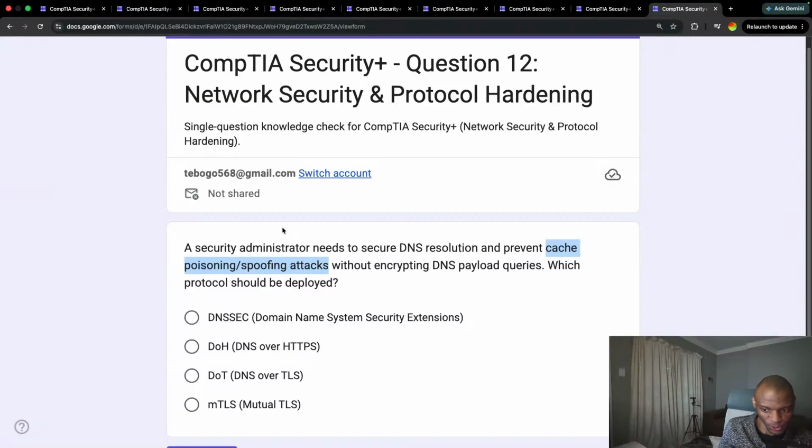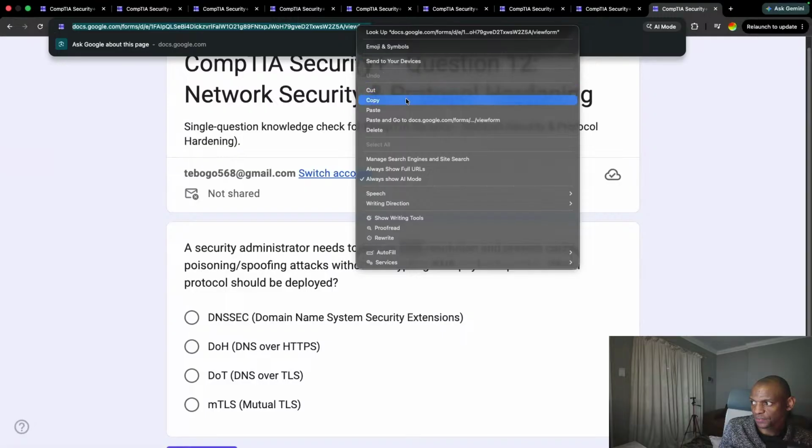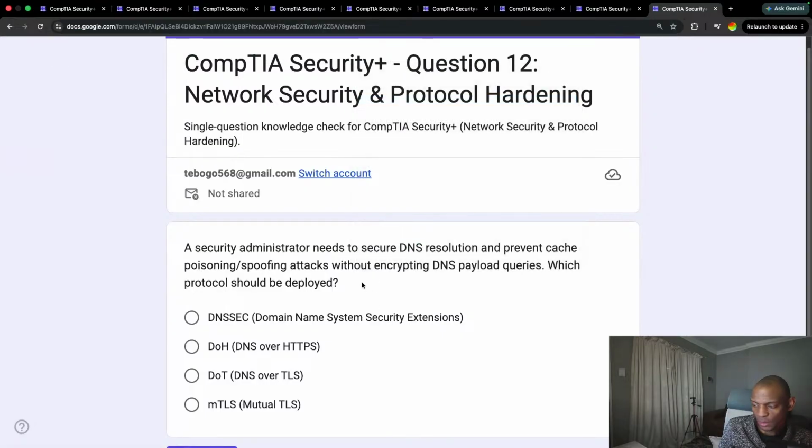Now, to be able to answer this question, you need to know what DNS is, right? Remember, when you search for websites, it uses a web server, right? And that website is connected to an IP address.